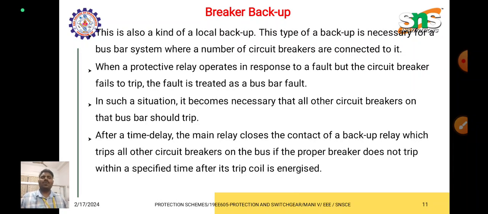It is also a local backup, located near the bus bar. If any of the circuit breakers is not working, it is a failure, so the remaining circuit breakers connected to the same bus bar all get tripped in order to ensure the reliability and stability of the power system.